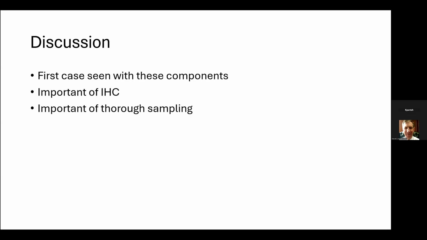So for the discussion, the first thing is that this was the first time I have seen these components. I have seen a monodermal teratoma with struma ovarii before, but never saw the stratified squamous part and other things inside. It was just a monodermal teratoma.